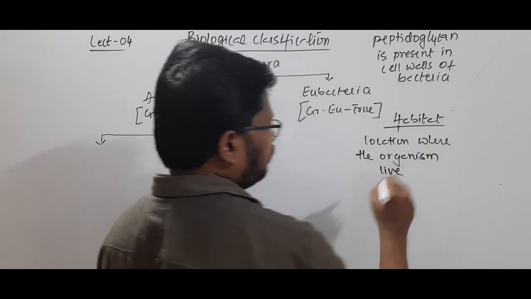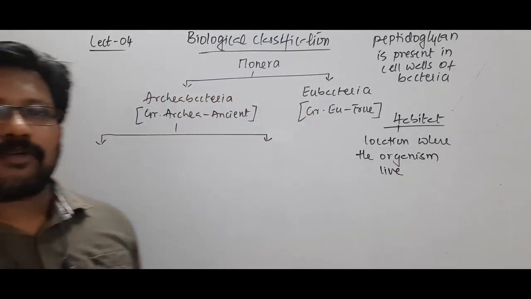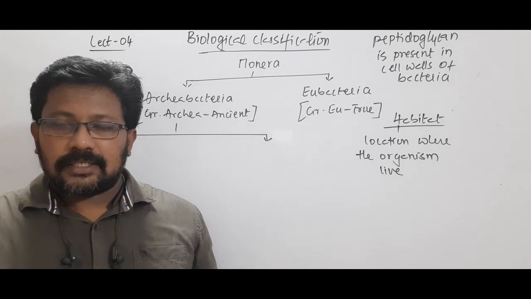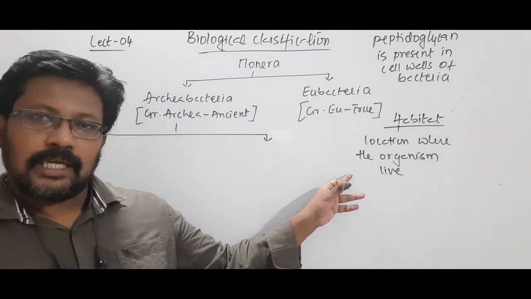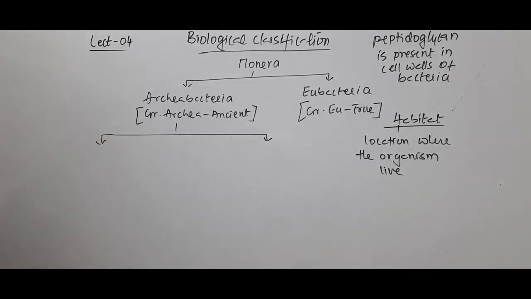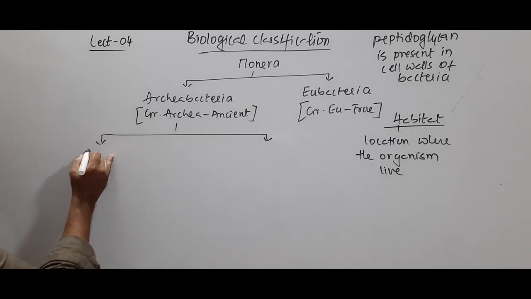It's the place where the organism lives that we call habitat. Habit is different, habitat is different. So depending on the habitat, the archaeobacteria are grouped into three different categories.